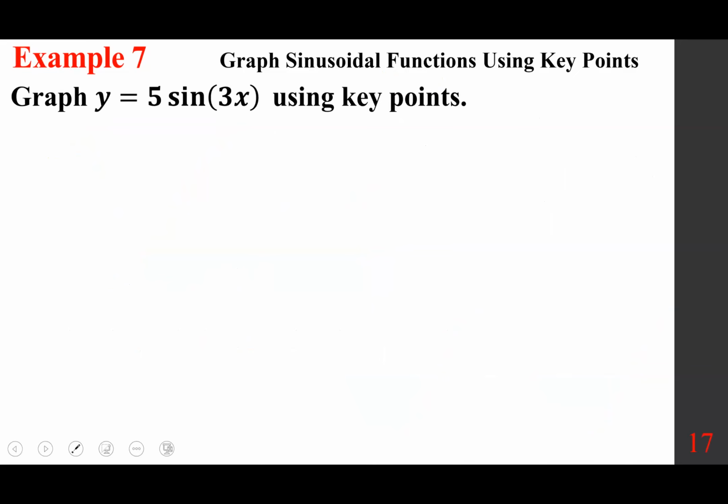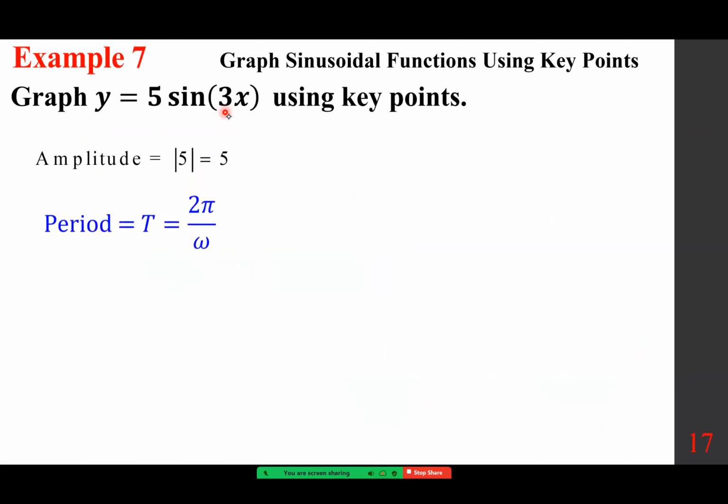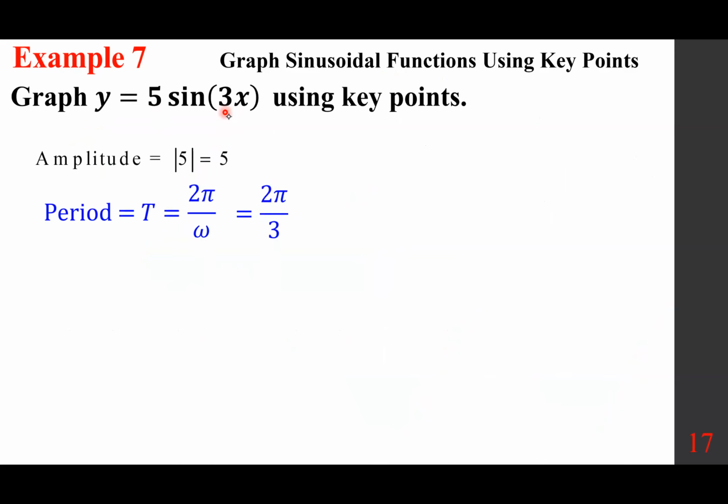All right, when you graph this, and again, quickly, the amplitude becomes 5 because it's the absolute value of 5. The period becomes 2 pi over 3. We're going to cut this into 4 equal pieces.